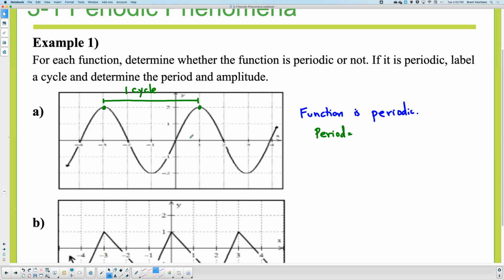And the way you could do this is x2 minus x1, which would equal, what's our second x? 1 minus, what's our first x? 1 minus -3. What happens when you subtract the negative? You add. What's 1 plus 3? 4. That's your period right there.